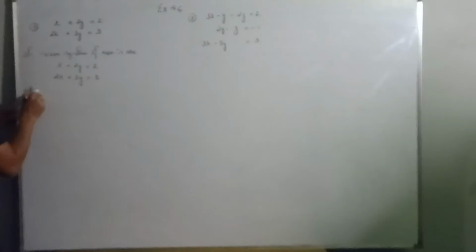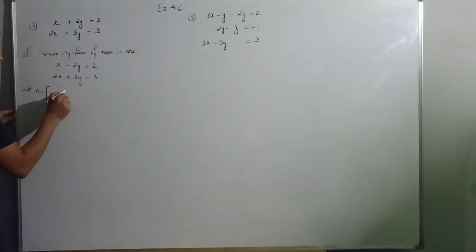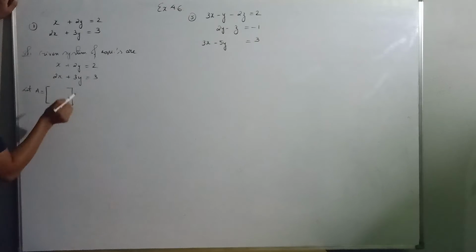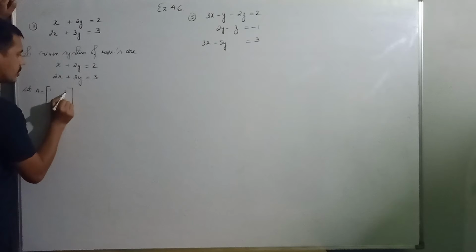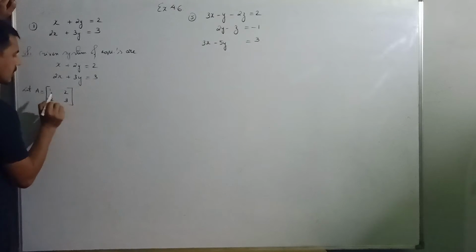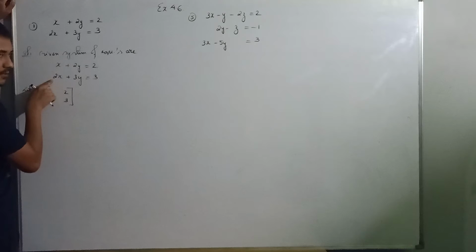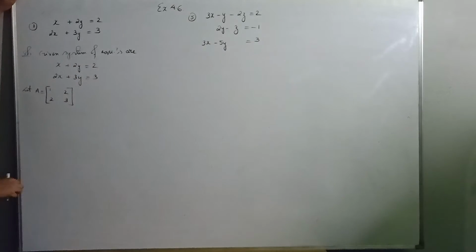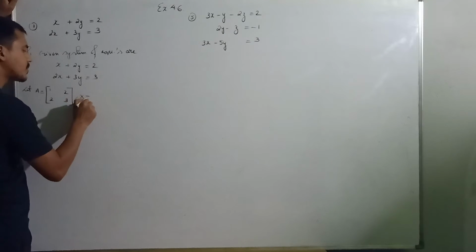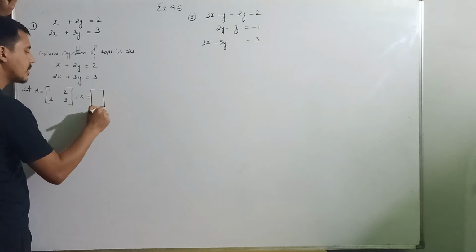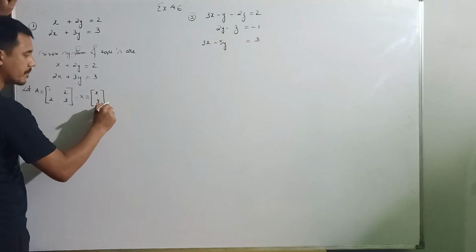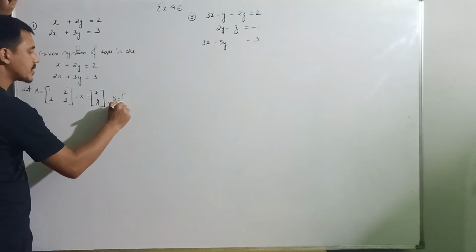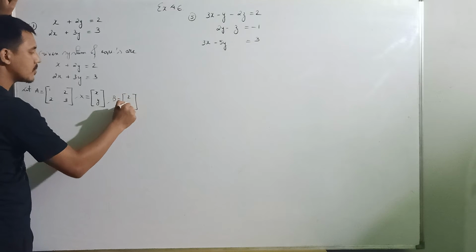Let A be your matrix, containing the coefficients of x and y from the given equations, arranged as 1, 2, 2, 3. The first column means coefficients of x, the second column means coefficients of y. Let X be the column matrix containing the variables x and y, and B be another column matrix containing the constant terms 2 and 3.